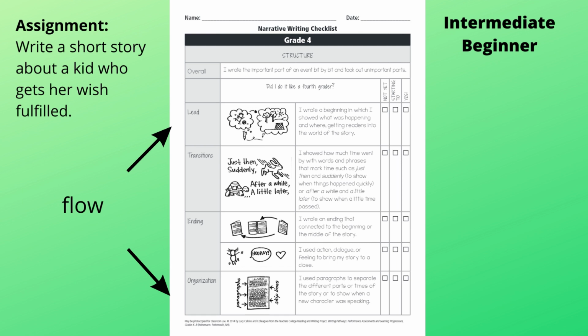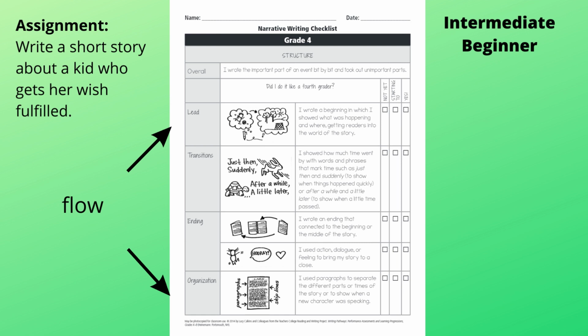The assignment is for the student to write a story about a child who gets her wish fulfilled. On this page, the student is expected to demonstrate competency in writing a lead paragraph, using transition words, listing paragraphs in a logical order, and writing summative concluding paragraphs.